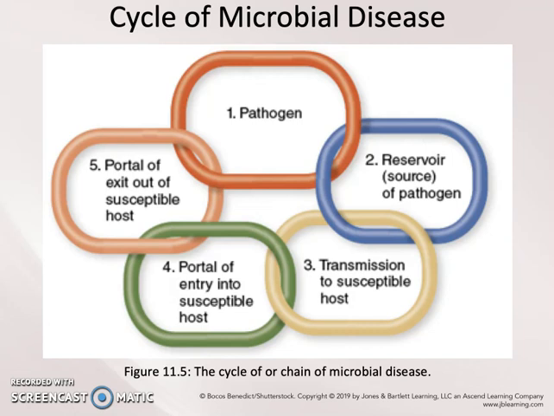This is thought to have happened with HIV, which is thought to have evolved from SIV, or simian immunodeficiency virus, basically transmitting that virus from monkeys or chimpanzees into humans.